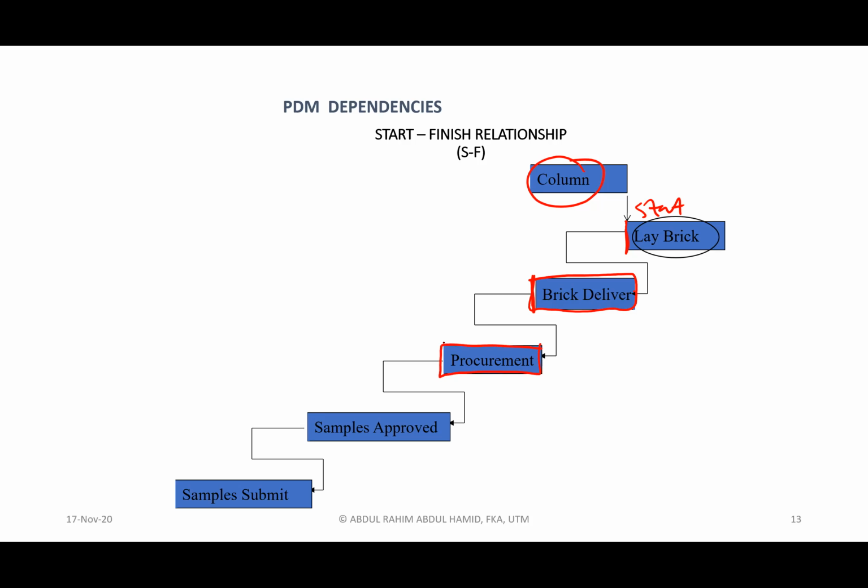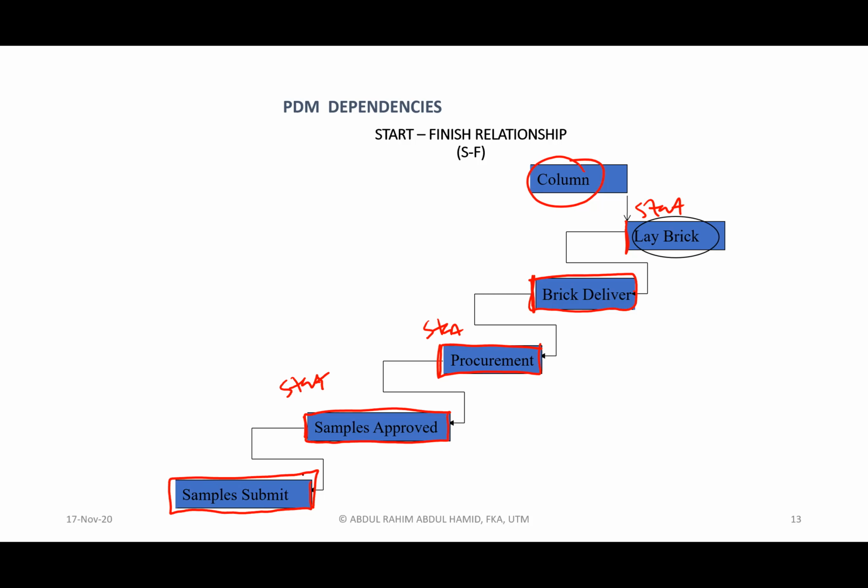And then again, the start of procurement can only be done when the sample has been approved by the consultant or by the architect. But the start of sample approval cannot be done without the finishing of the sample submission.